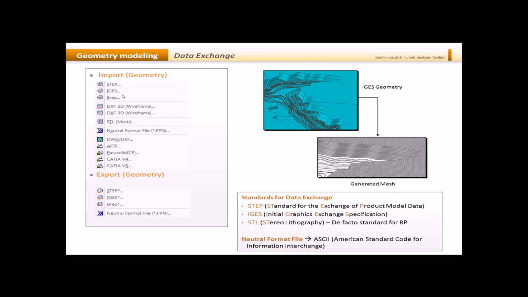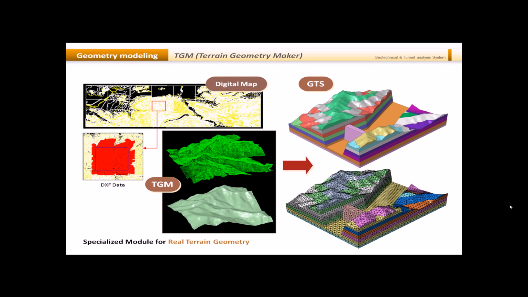You can import the geometry from several standard formats for data exchange, such as STEP and IGES (Initial Graphics Exchange Specification), and you can also export or import the neutral format file. For modeling the terrain, again in Midas GTS we have provided a very special terrain modeling tool known as Terrain Geometry Maker, and you can punch in the coordinates, or you can also import the digital map for the contours, and Midas GTS will create a terrain for you like this.